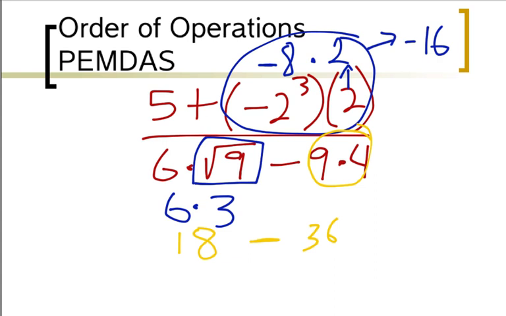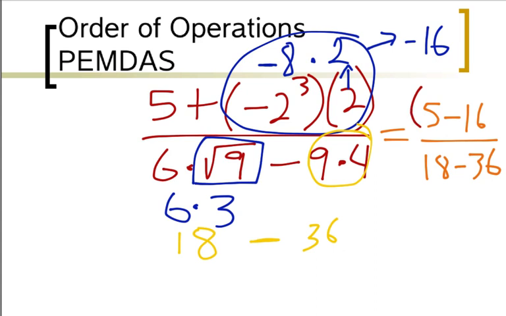So now I've simplified the top a little bit, I've simplified the bottom, so now let's rewrite. This should give me 5 minus 16 on top over 18 minus 36 on the bottom. So now you continue to simplify the top and the bottom separately. The top, 5 minus 16, should reduce to negative 11.